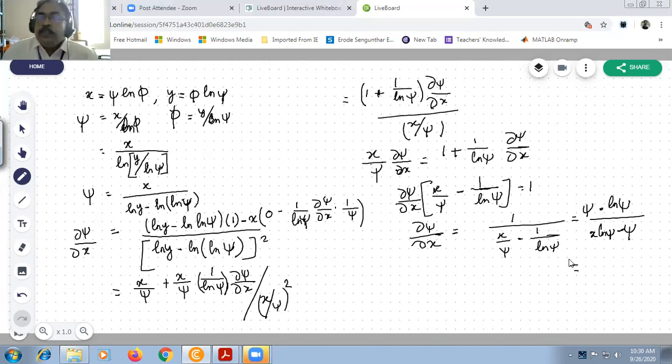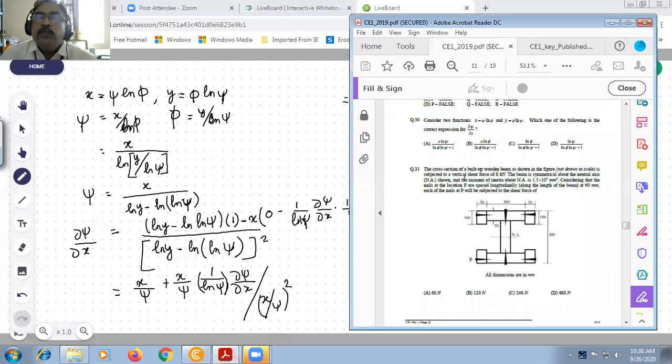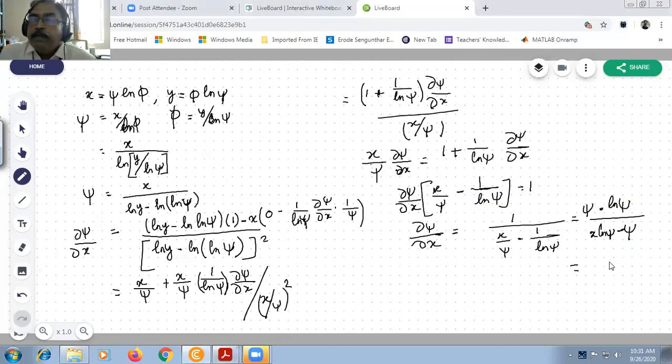Okay, so psi ln psi, what is the answer here? So we have x ln psi by ln psi minus, it is ruled out, ln psi divided by ln phi ln psi minus 1. Okay, what is x?